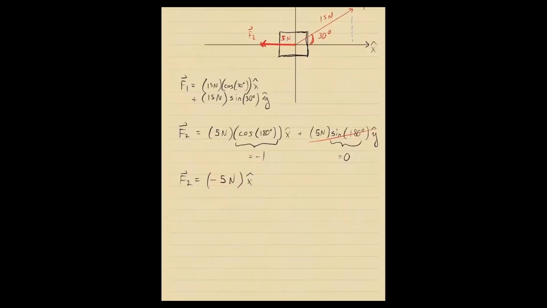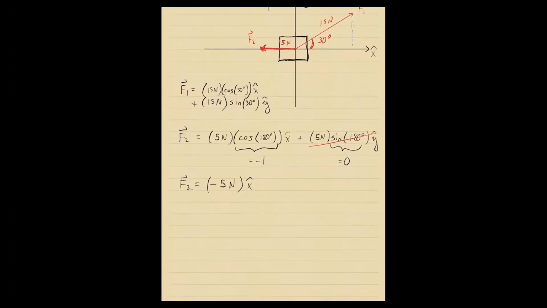Okay, so I'm going to break it down even further. So F1 is equal to, and here I'm just plugging in 15 times cosine of 30 and 15 times sine of 30 degrees, just so we have some strict numbers to work with.